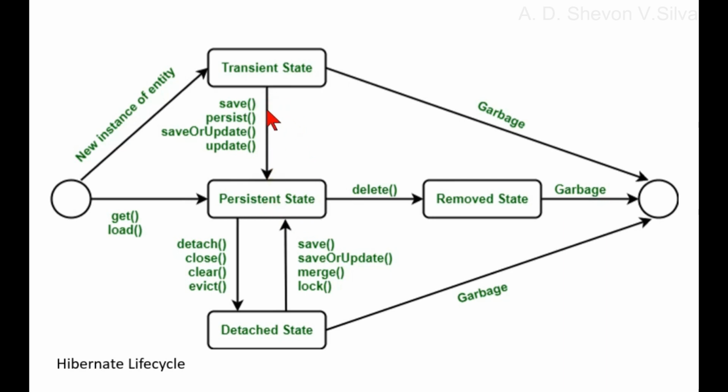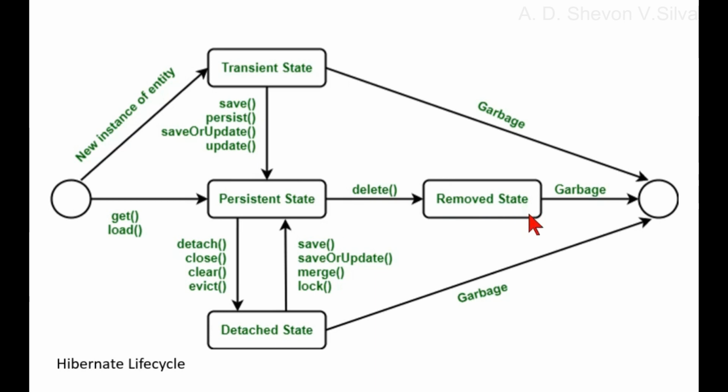Save, persist, saveOrUpdate and update methods are passed from the transient state to the persistent state. Get and load methods are passed to the persistent state. The transient state is connected to the removed state. The delete method is passed from the persistent state to the removed state.